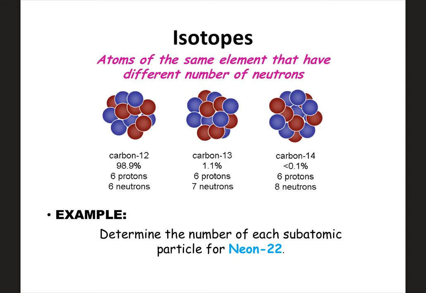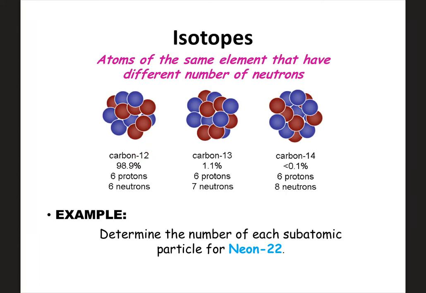So let's look at this picture here for the isotopes of carbon. Carbon-12 is the most common form of carbon here on Earth. It makes up almost 99% of all the carbon. Obviously, because it's carbon, it has to have 6 protons. If you look up carbon on the periodic table, it has 6 protons. Because it's carbon-12, this number is the protons plus the neutrons.